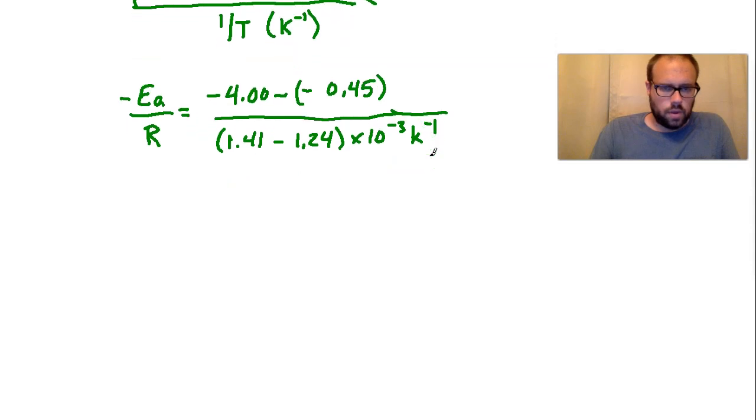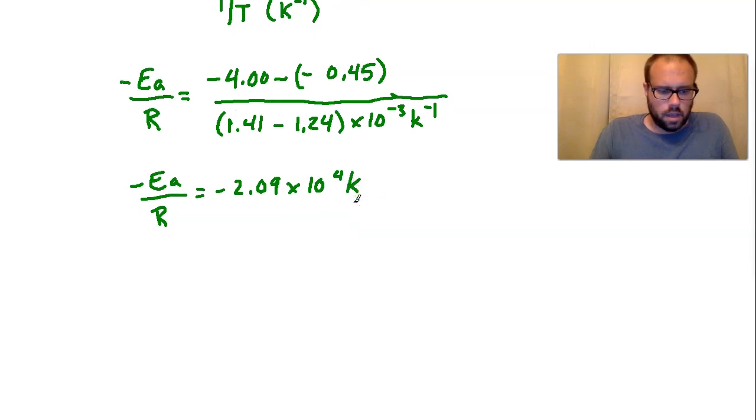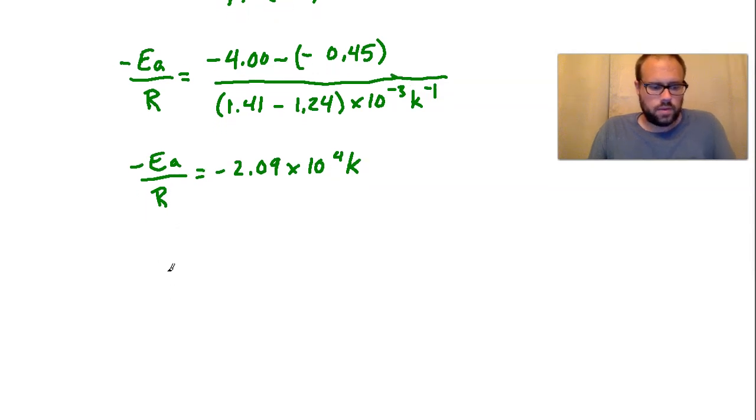Right, so if you solve for that, then you will end up with the negative activation energy over R equals negative 2.09 times 10 to the fourth Kelvin. Now, I want to turn this into just activation energy. So in order to do that, what I need to do is move the R to the other side.